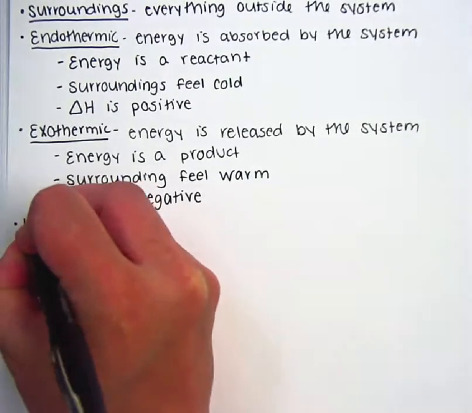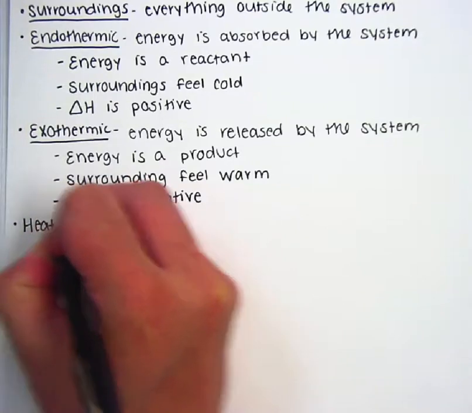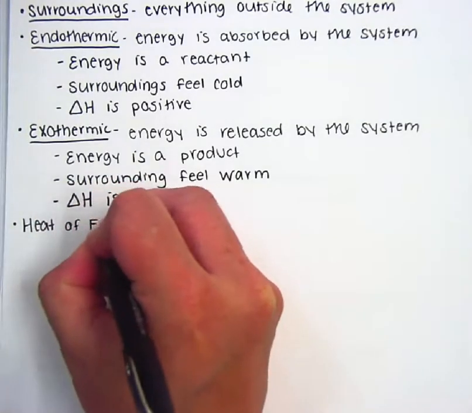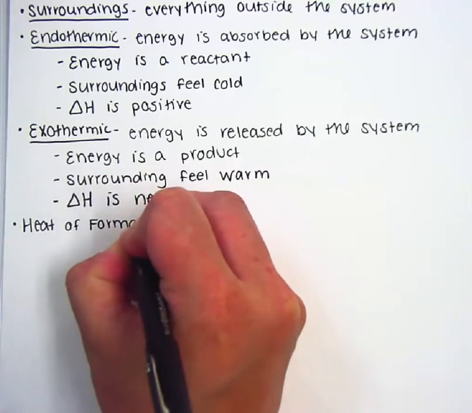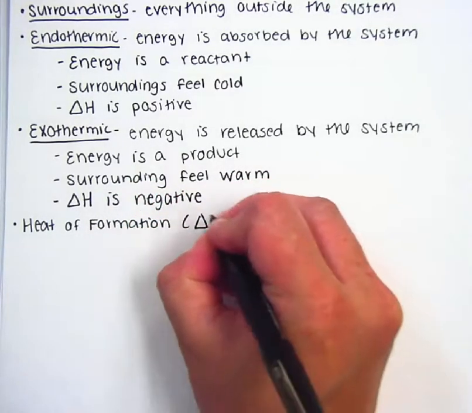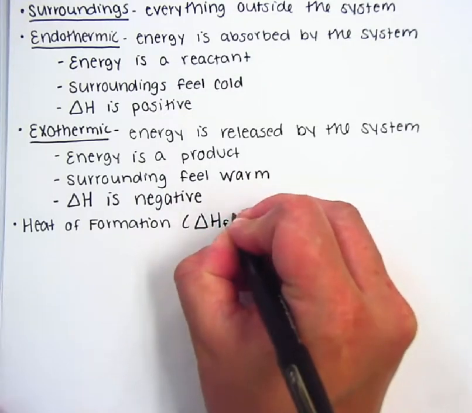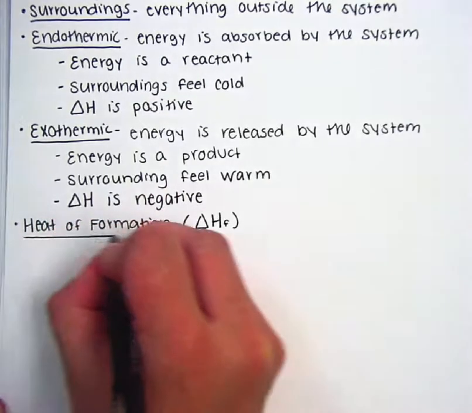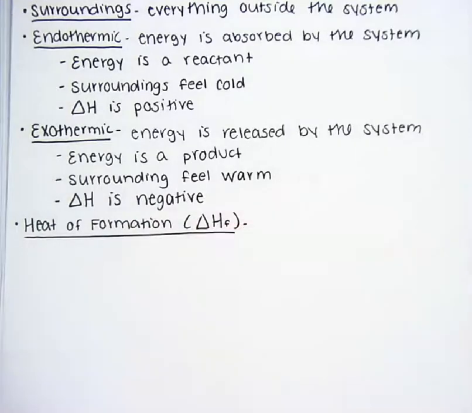So now we're going to get into what are called heat of formation calculations. Heat of formation is delta H sub F. Heat of formation.